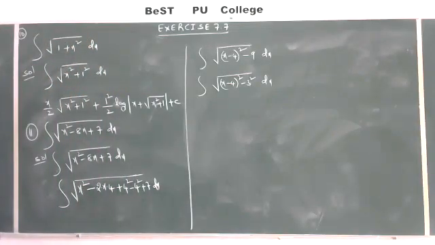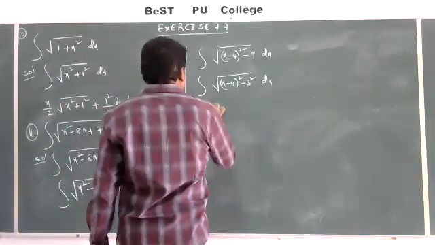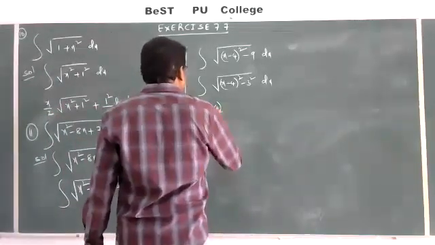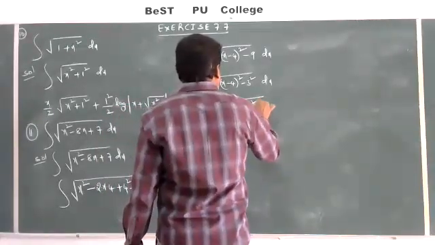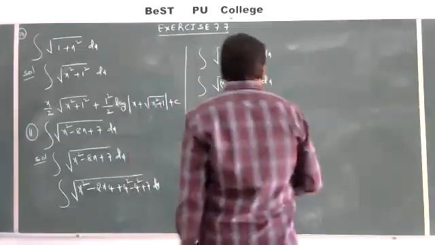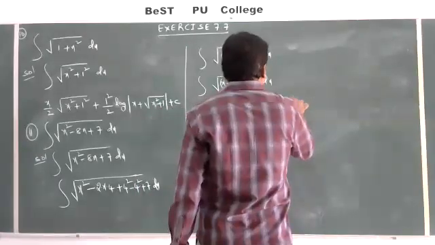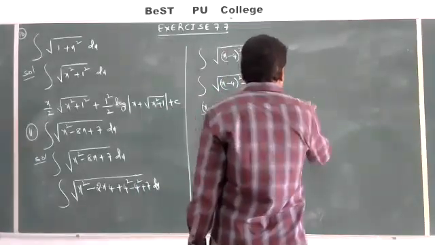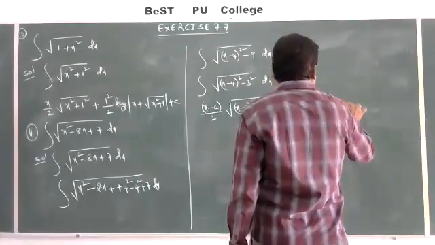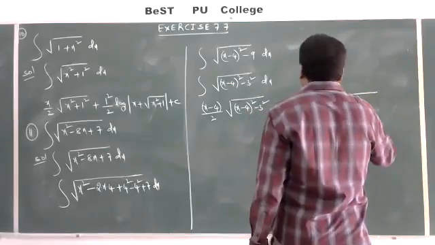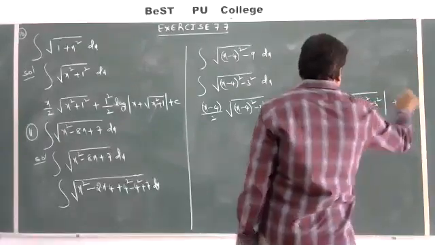So you remember the formula, integral root of x square minus a square. That is x by 2 into root of x square minus a square, minus a square by 2 into log mod x plus root of x square minus a square. Here it is x minus 4 by 2 into root of x minus 4 whole square minus 3 square, minus 9 by 2 into log mod x minus 4 plus root of x minus 4 whole square minus 3 square, plus c, arbitrary constant.